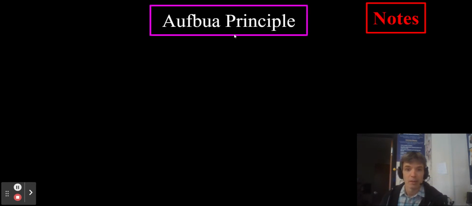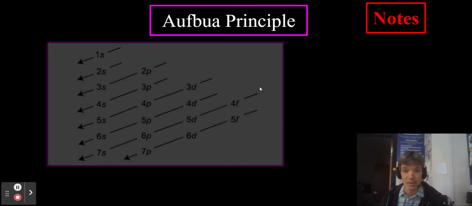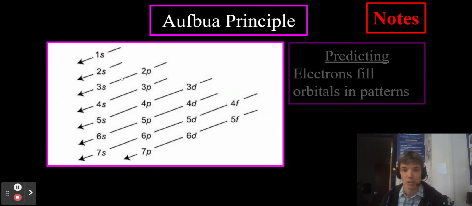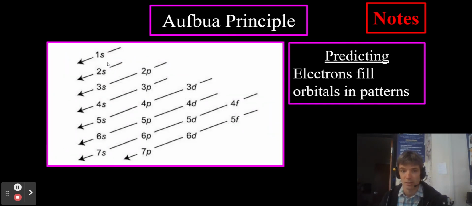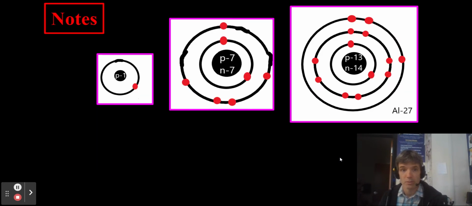Now there are two main principles that allow you to read these and predict them. The one thing is the Aufbau principle: electrons go to the lowest energy orbital first, and they fill in patterns, and that's the same for every atom. I want you to get down this piece: the electrons fill orbitals in patterns.